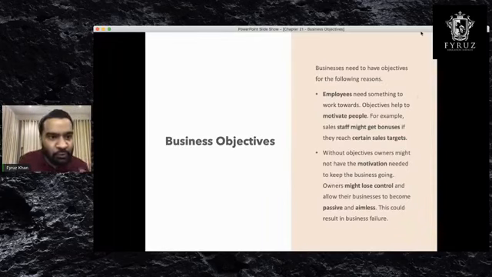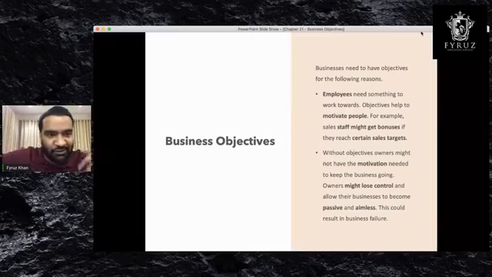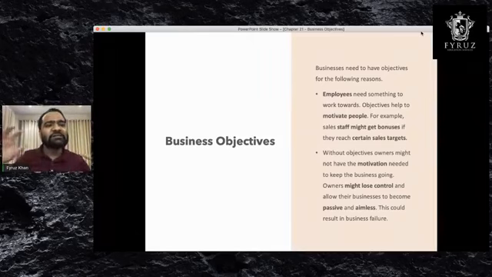Because when you work in a company, you're not working alone. You are working with, let's say, 100, 200, 900, 1,000 employees. So it is very important for everyone to know what you're doing. Everybody should have a common shared goal.